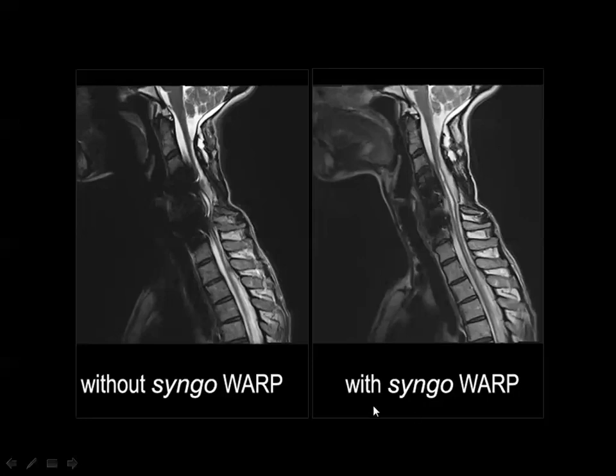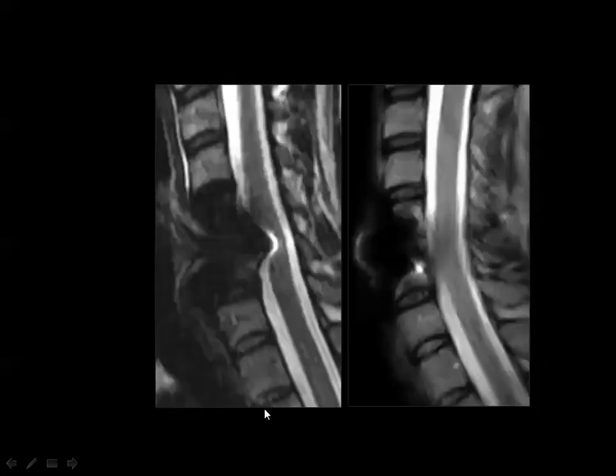And this is also another example of a disc in the cervical spine with too much artifact, but using the artifact-free software, you can remove the artifacts and you can see clearly the region of the spinal cord opposite the disc.